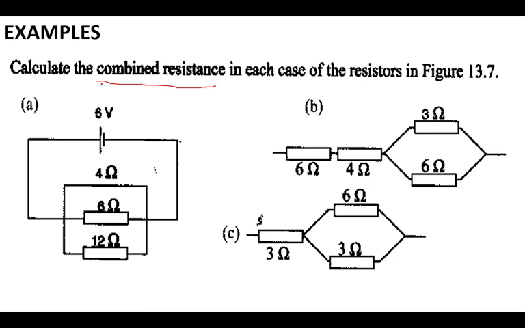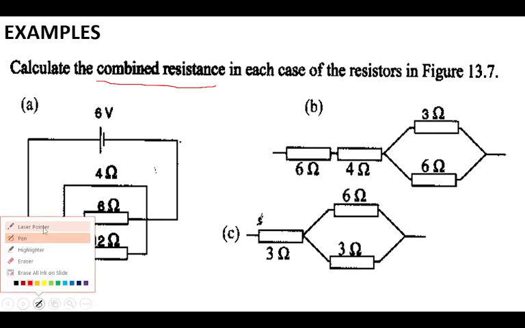Another term is effective resistance, or what we call equivalent resistance. So equivalent, combined, effective, total, all those refer to the sum of the resistors in a circuit. Do not be surprised when you see any one of those terms used in a question.